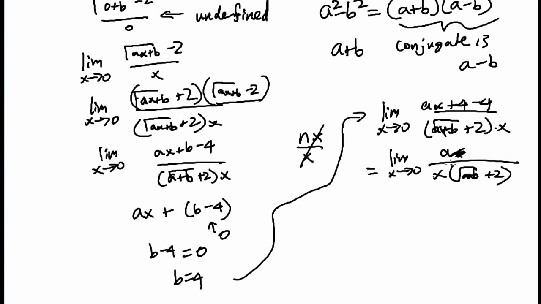Now what's cool about this is that the x's cancel out, because there's no constant here. The b and 4 cancel out, so the x's cancel out. Now we're left with the limit as x approaches 0 of a over the square root of ax plus 4, plus 2. Now b is 4, correct? Now we can set this equal to 1 since we know the limit is 1.